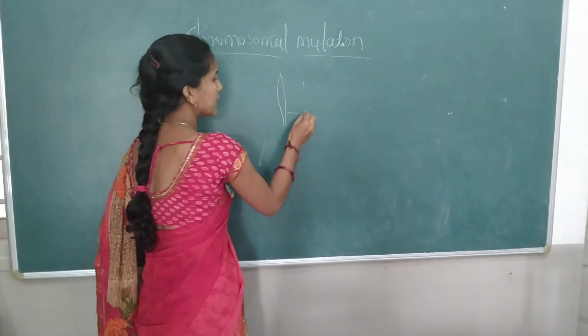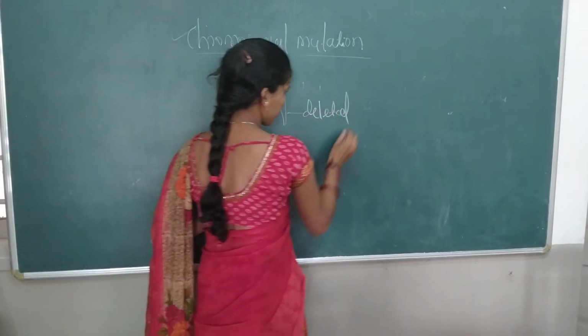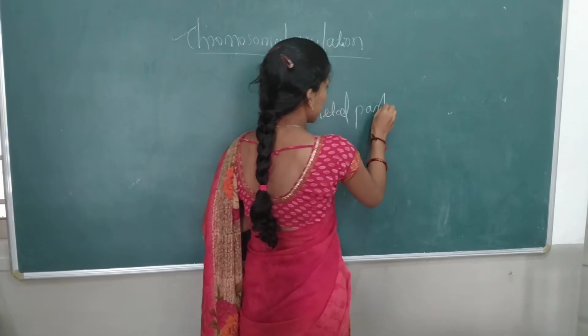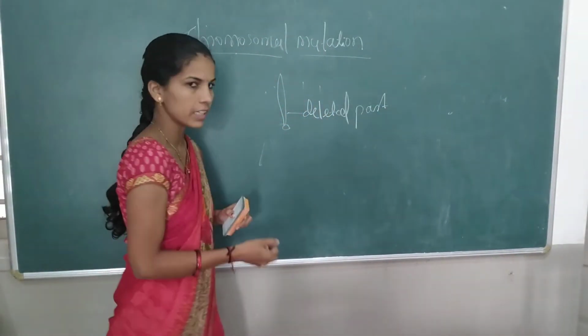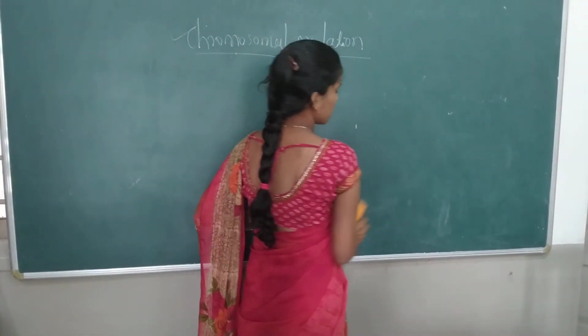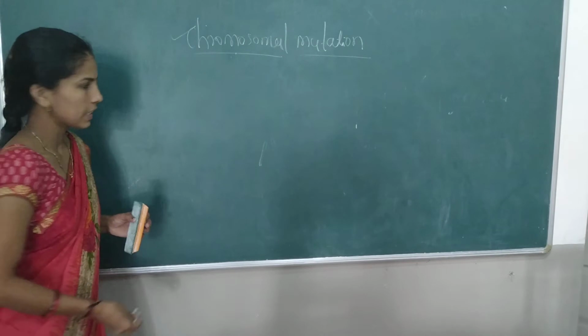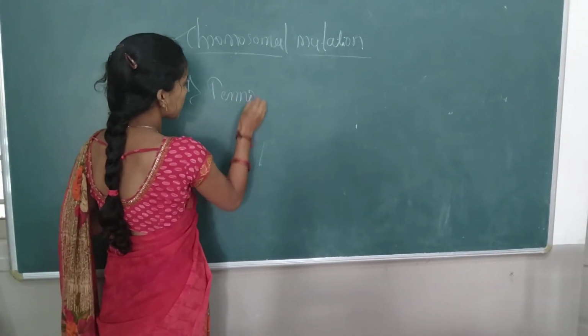The deleted part doesn't possess the centromere, so it can't survive. In the case of deletion, again two types are there: one is terminal deletion, the second is intercalary deletion.